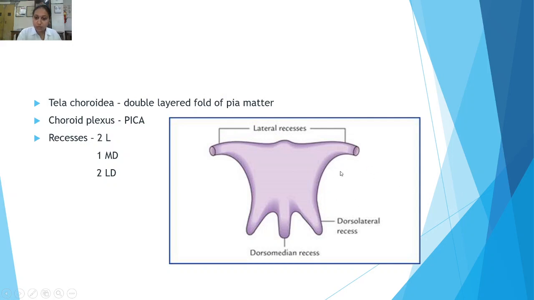So the lateral recess is between the inferior cerebellar peduncle ventrally and the flocculus dorsally, while the one midline dorsomedian recess is cranial to the nodule, and two dorsolateral recesses are on the lateral side of the nodule. These are nothing but extensions of the cavity.